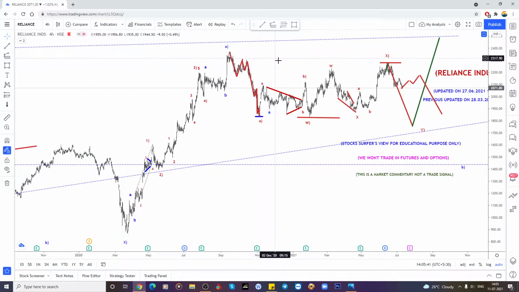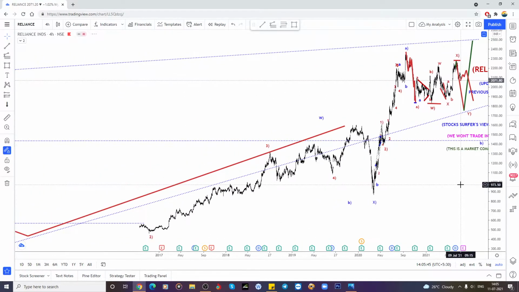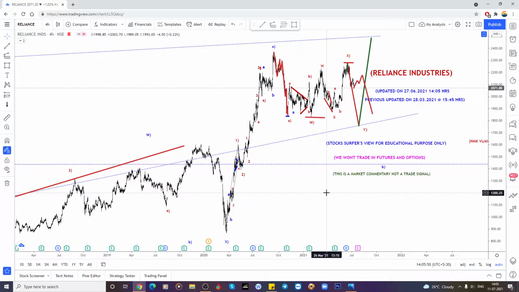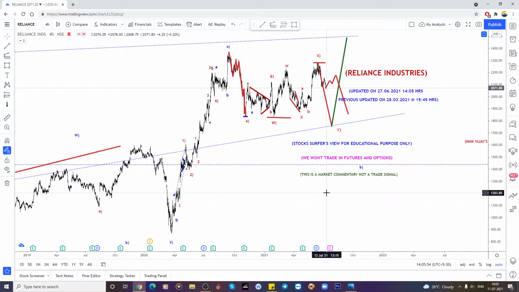If we keep adding, if it is in the 1700 zone, it will keep dropping, may or may not. What I'm trying to say is everything is a prediction only, it's not 100%. Elliott wave depends upon the price action. So anyway, 1 2 3 4 5 has completed.